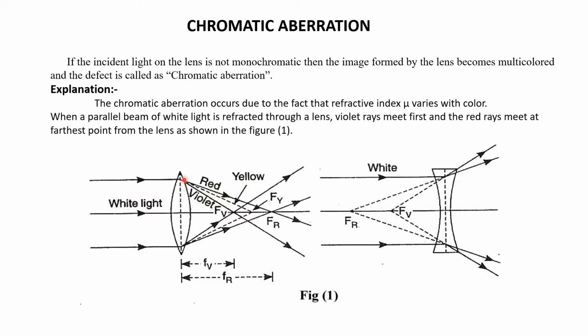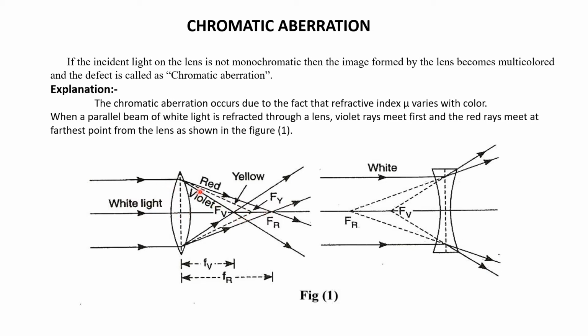Now, the refractive index of violet light is more when compared to the refractive index of red color, and the refractive index is inversely proportional to wavelength. That means, as the refractive index of violet light is greater, its focal length is less. In a similar manner, as the refractive index of red is less, the focal length is greater.